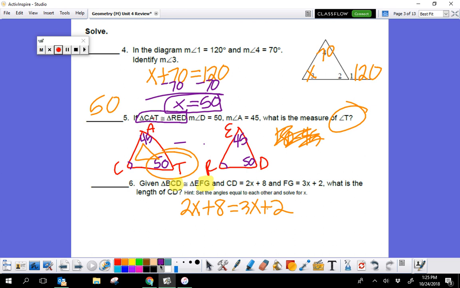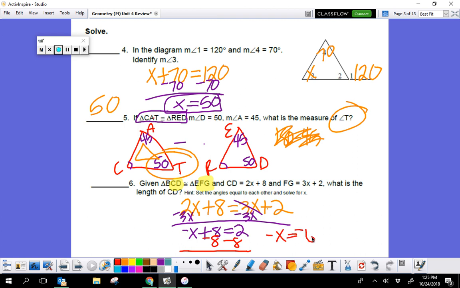I'm going to subtract the 3x. So I have negative x plus 8 equals 2. I'm going to subtract the 8. So I have negative x equals negative 6. Divide by negative 1.